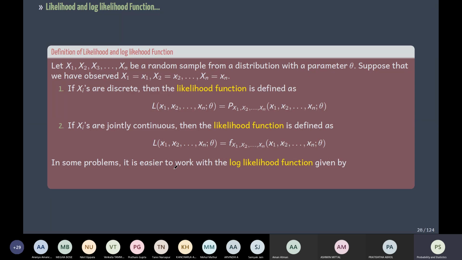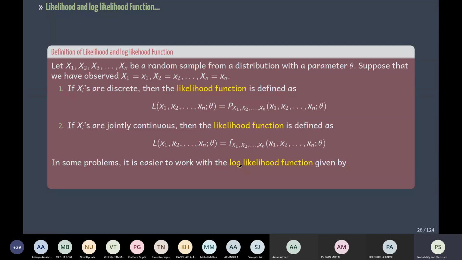In some problems, it is easier to work with the log likelihood because it will simplify. If I'm trying to maximize a function that is increasing, then if I take a log of that, it is also an increasing function. But sometimes it can simplify my way to compute the maximum.